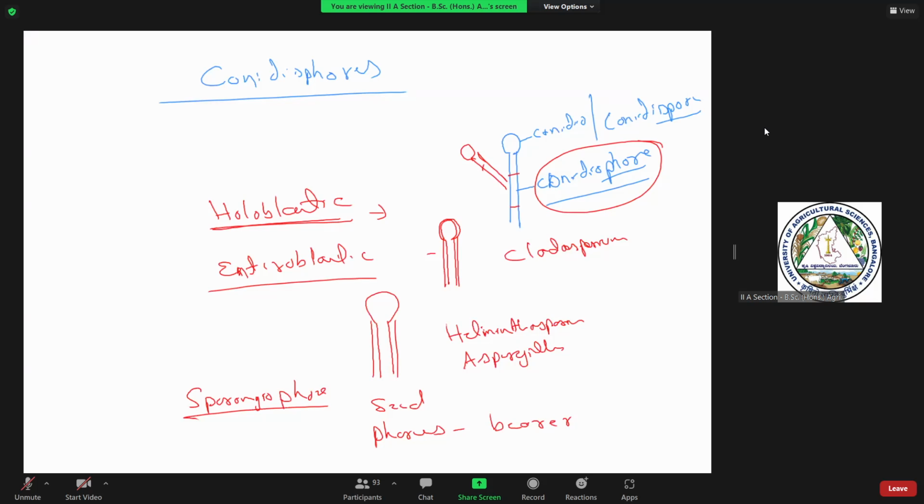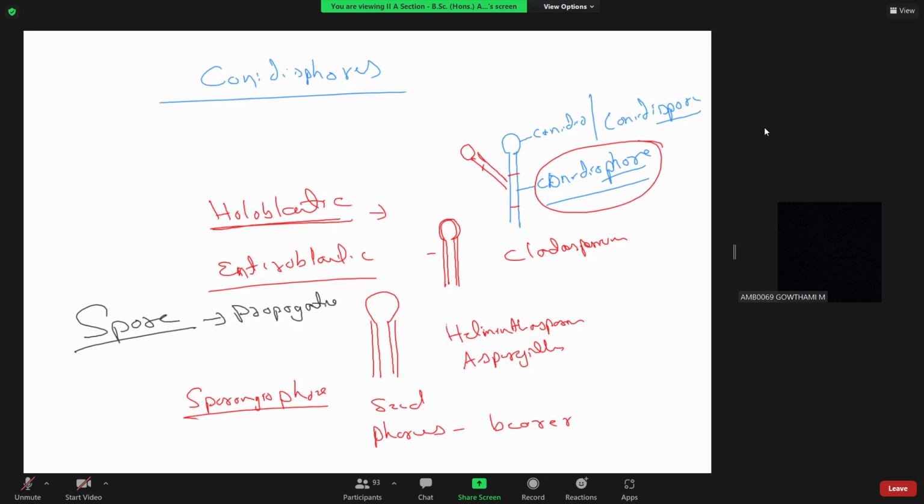Some are branched, some are filamentous. If you understand the spore as such, first, they are propagative in nature. They are reproductive in nature because they have the capability to reproduce.